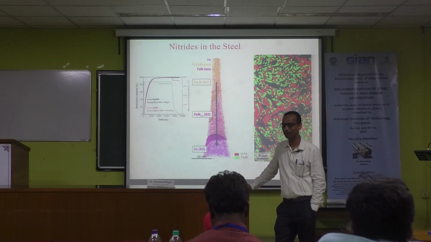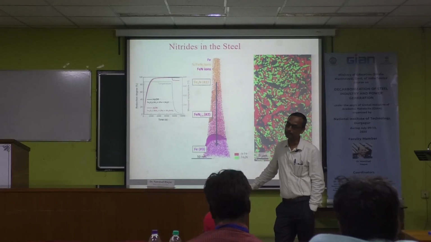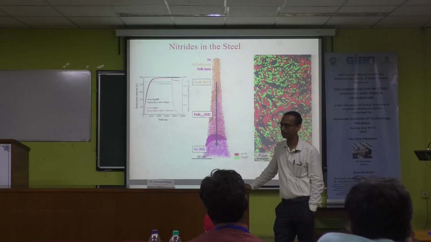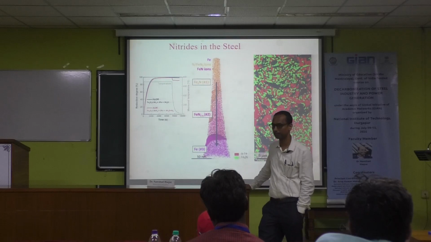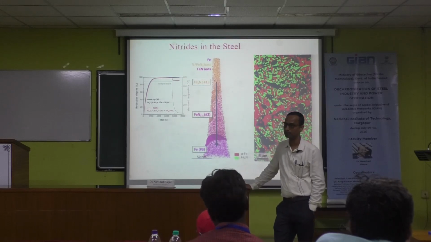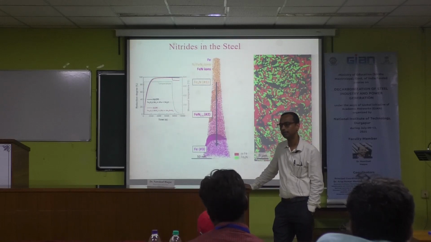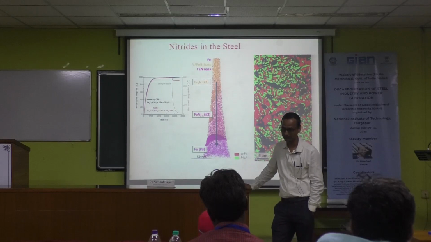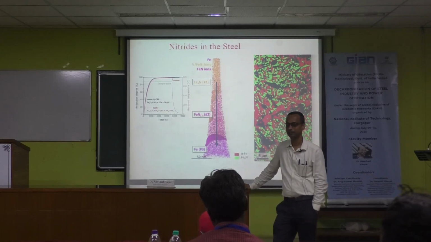How? Because in stainless steel making, conventional 18-8 stainless steel has chromium and 8% nickel. As India does not have a nickel deposit, we prefer alternative stainless steel making by nitrogen. My group has done a lot of work fabricating this stainless steel by plasma.